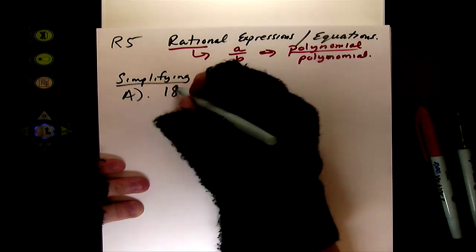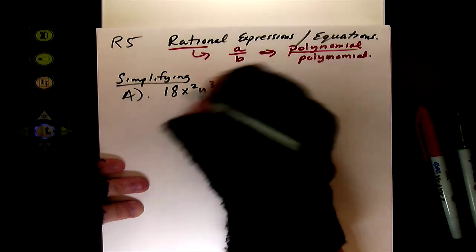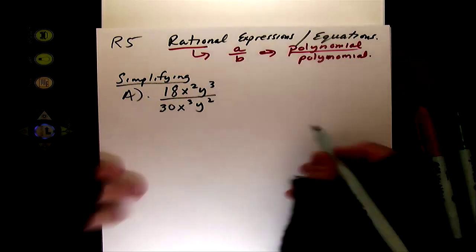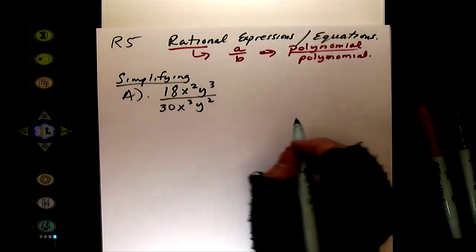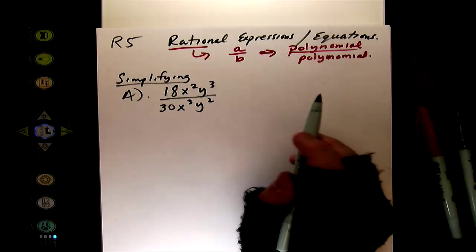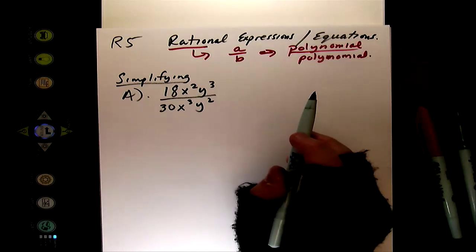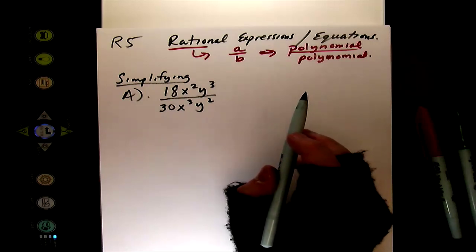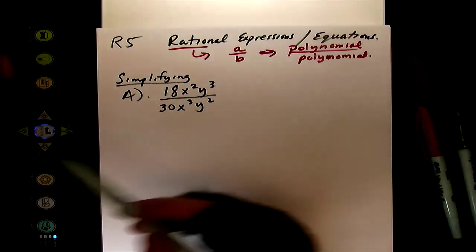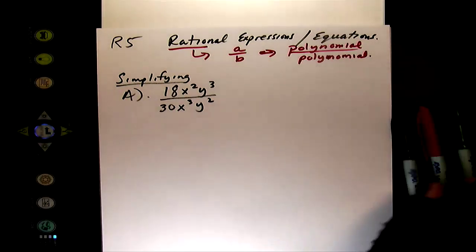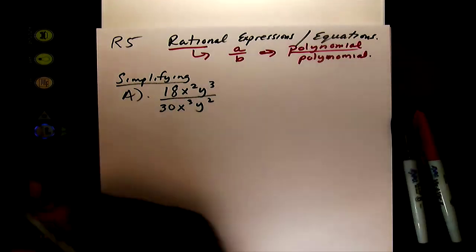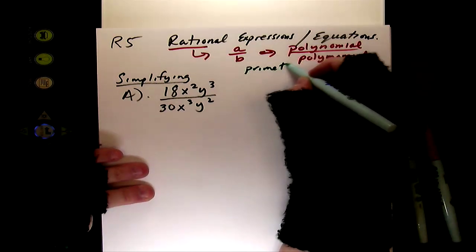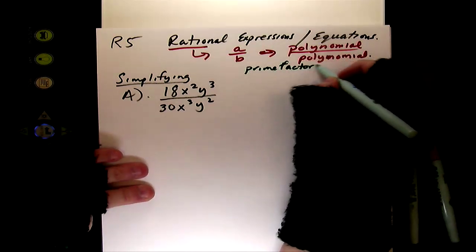We're going to have 18x squared y cubed over 30x cubed y squared. The most reliable way of doing this is to write out the prime factors. Prime factors don't have any other smaller factors.